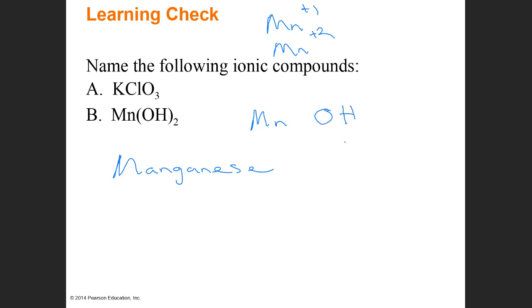Hydroxide is always -1, and you saw we had two of them. So this has to be +2, the only way it would cancel out the -1 on the hydroxide. So then this name becomes manganese Roman numeral 2 hydroxide.